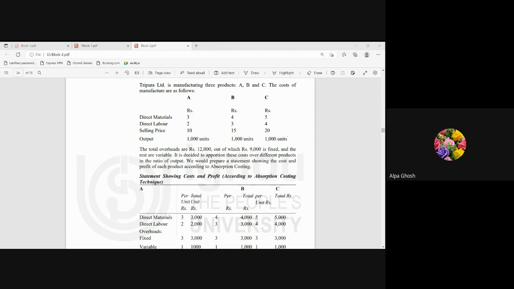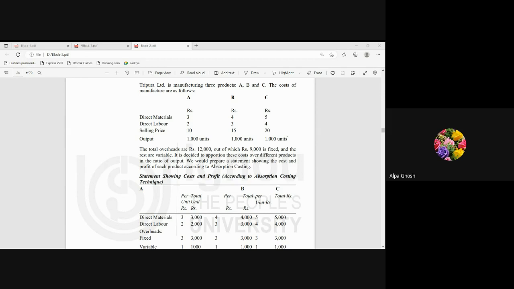So 1 unit rate is 3. If you need to find the rate of 1,000 units, then you have to multiply 1,000 with rupees 3. So your total amount of direct material will be 3,000 for A unit. Then 4 rupees multiplied by 1,000 is 4,000 for B unit. And for C unit, it is 5,000.